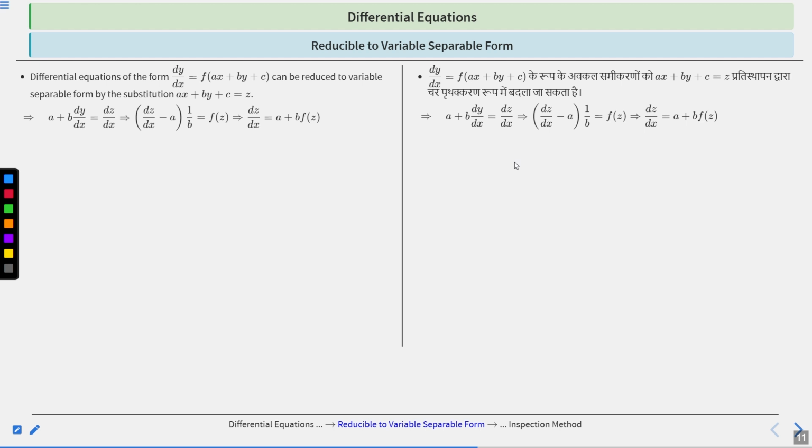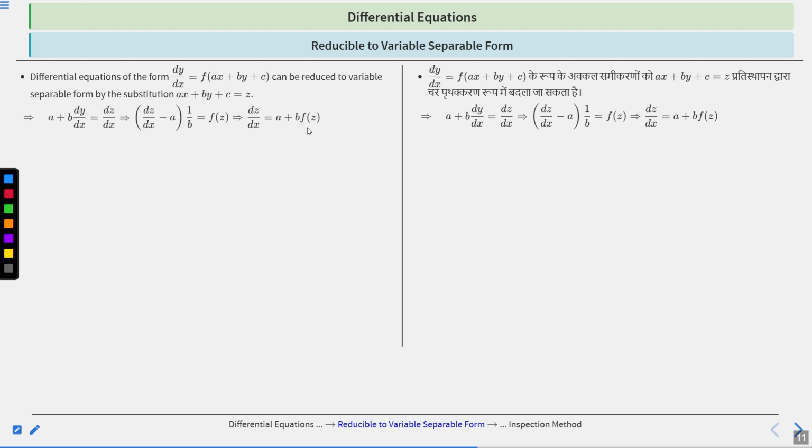And if we differentiate throughout, you can see that it becomes a plus b dy by dx equal to dz by dx. Therefore, dy by dx equals (dz by dx minus a) into 1 by b, equal to f(z), so dz by dx is equal to a plus b f(z). Got it?